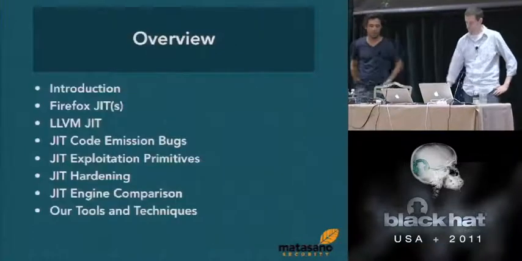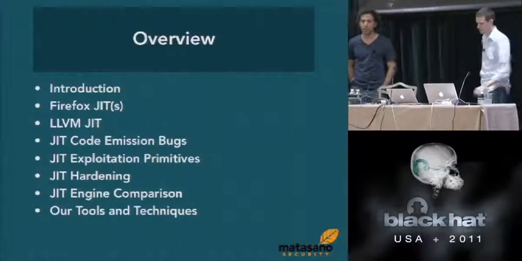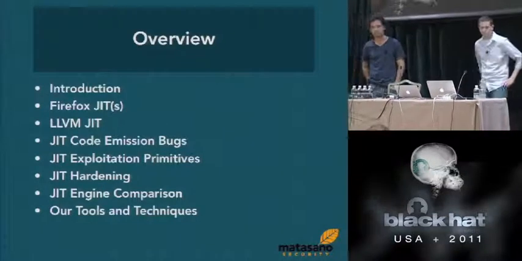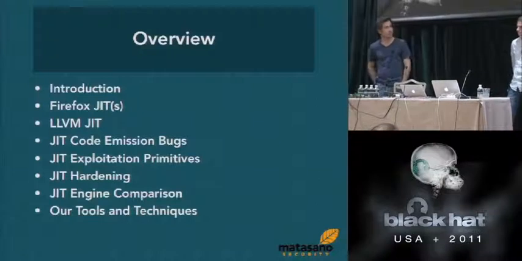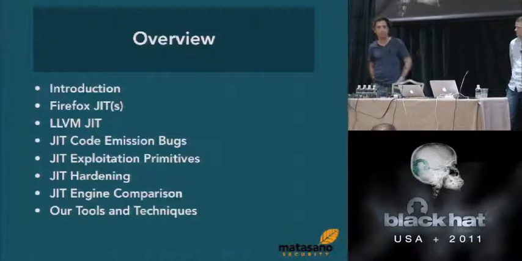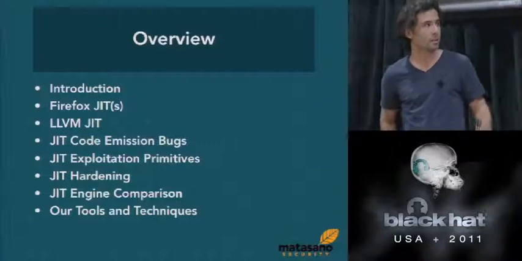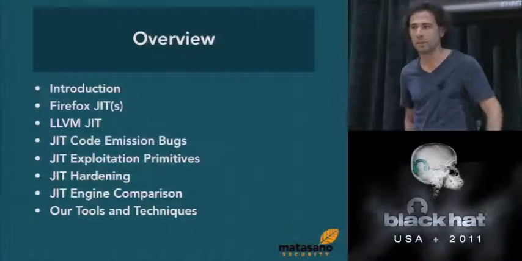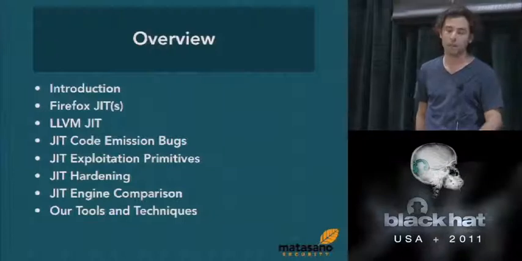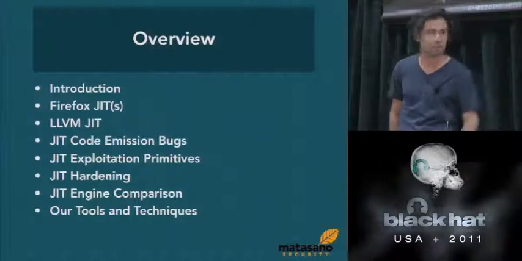So today we're going to be talking about just-in-time compilers, what they are, why they exist, what they do. We're going to take a fairly deep dive into Firefox's JIT compilers. There's two that are currently enabled. We're going to talk about the just-in-time component of the LLVM framework.